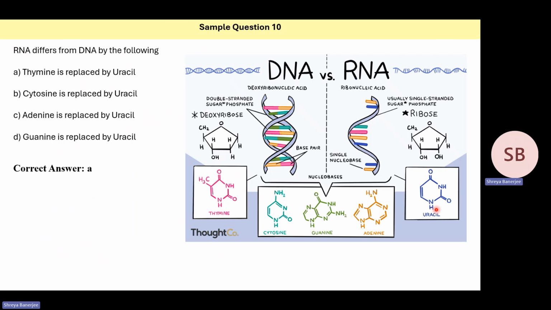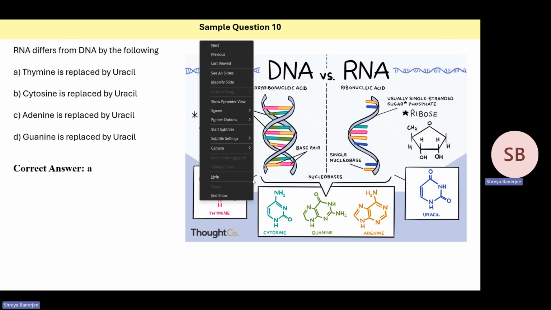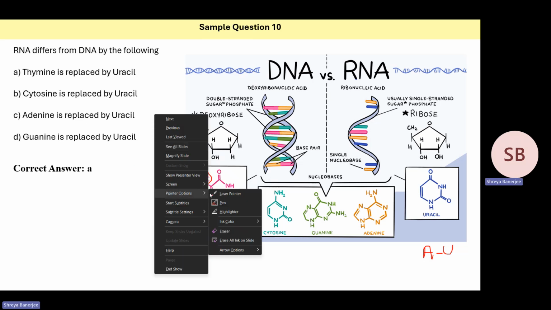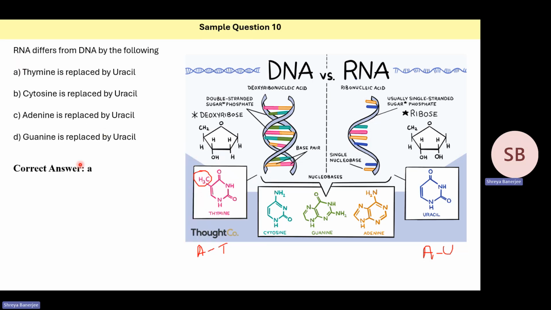And if you look at the structures of thymine and uracil, basically it is this methyl group that is extra in thymine. In RNA, instead of thymine, you have uracil. So where there is AT base pairing, you will have AU base pairing in RNA. So in this case, A is your correct answer. That is, in RNA, thymine is replaced by uracil.